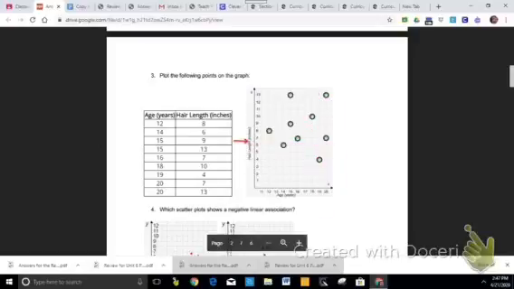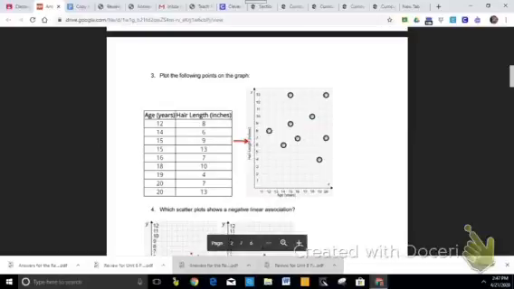Now, if this was a test question, you may want to make sure you didn't miss any by counting how many data points you should have. 1, 2, 3, 4, 5, 6, 7, 8, 9.